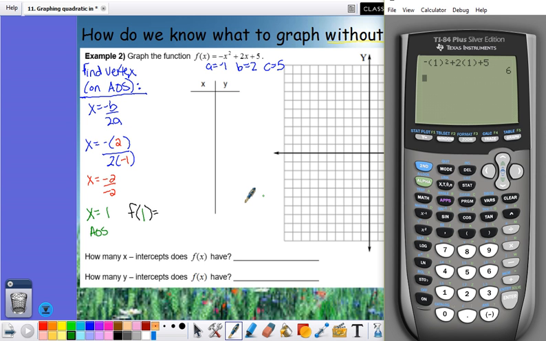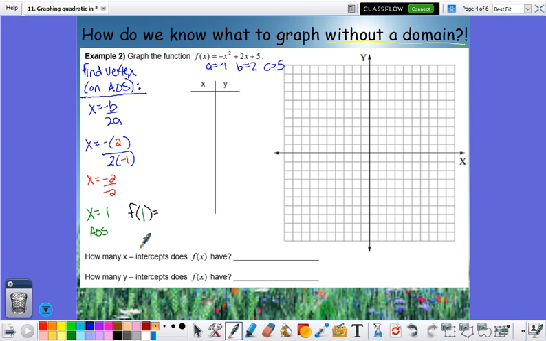It gives us an output of 6. And that is because we substituted the opposite of something squared plus 2 times something plus 5. We plugged in 1, and this is what we got, a 6. So our vertex is 1, 6.